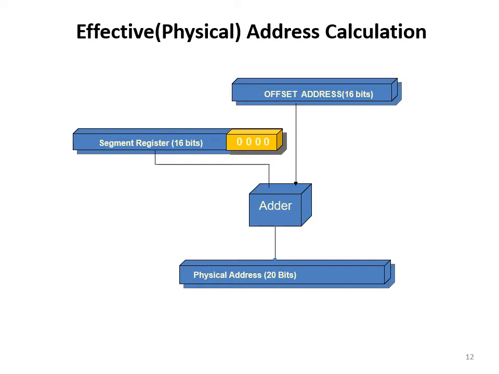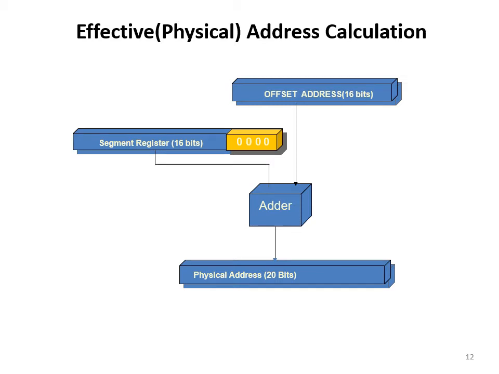If you left shift it by 4 bits, what is the resultant size? It is 16 plus 4, that is 20 bits. Our ultimate aim is to convert your offset address into a 20-bit address. With this 20-bit address, you will be able to address 1 megabyte of memory, because 2 raised to 20 is 1 megabyte.